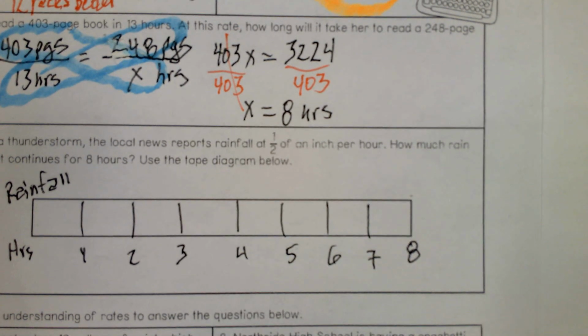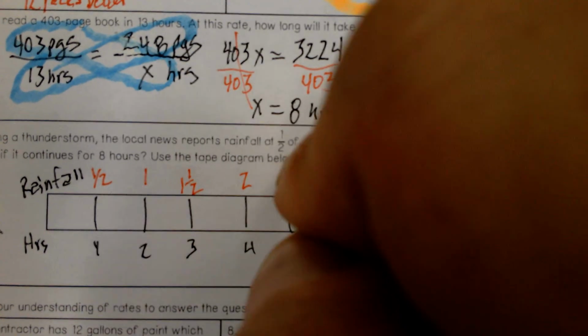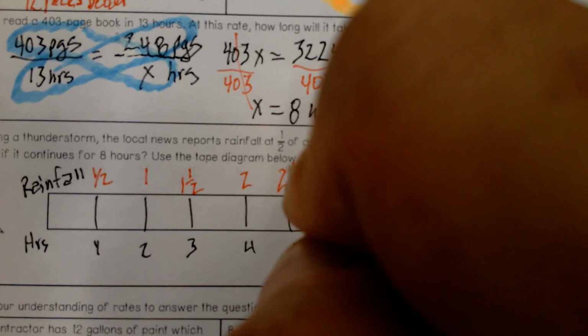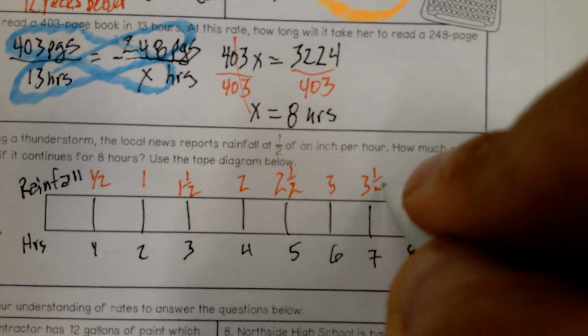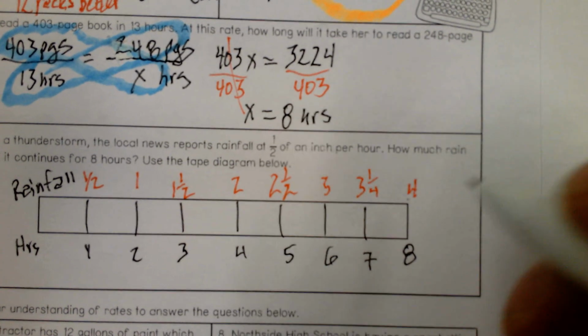And what are the increments every hour? 1/2. So this would be 1. This would be 1 and 1/2. This would be 2, 2.5, 3, 3 and 1/2, and finally 4.